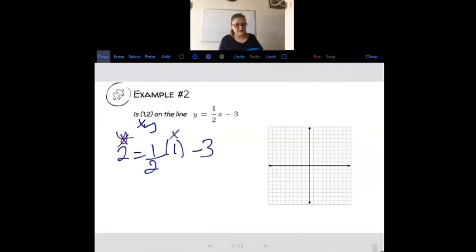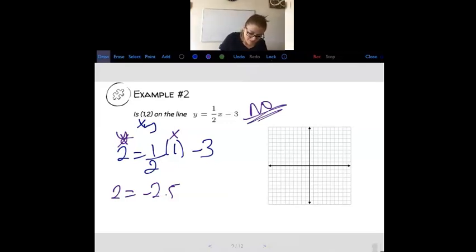If you're plugging the fraction in on the calculator, you can just do 1/2 times 1. That's what this is saying. And so here we get 2 is equal to 1 minus 3, that's -2.5? Does 2 equal -2.5? So in this case, the answer would be no, it's not on the line, or it's not a solution. You could also graph this problem.